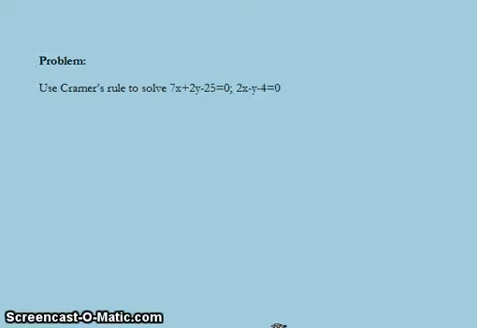We have a problem that says we have to use Cramer's rule to solve two simultaneous equations, which are 7x plus 2y minus 25 equal to 0 and 2x minus 4 minus y equal to 0. According to Cramer's rule, x gets the value of dx by d and y gets the value of dy by d.